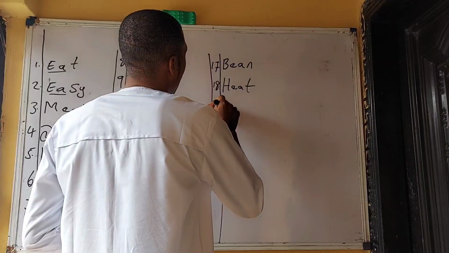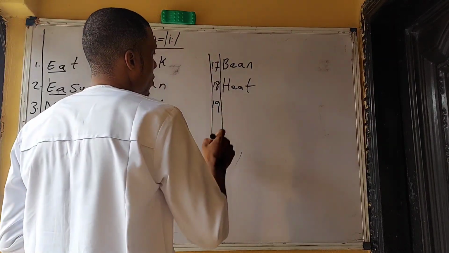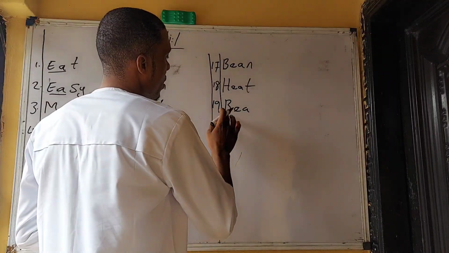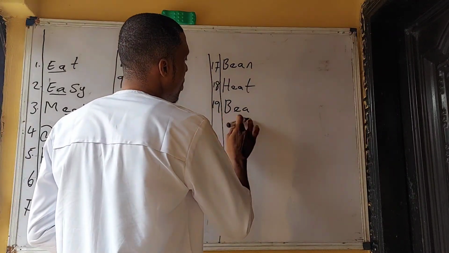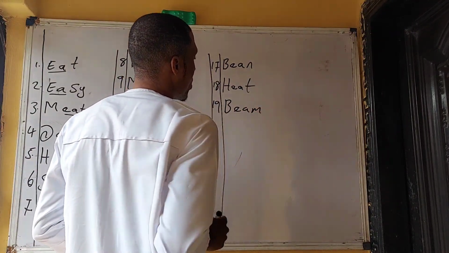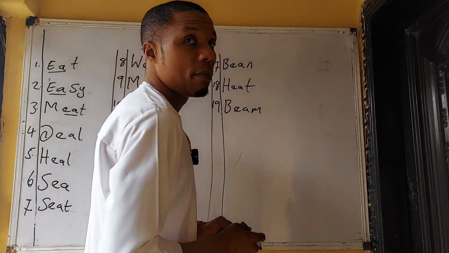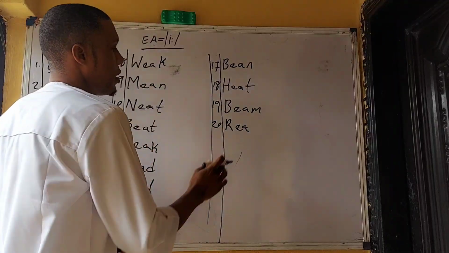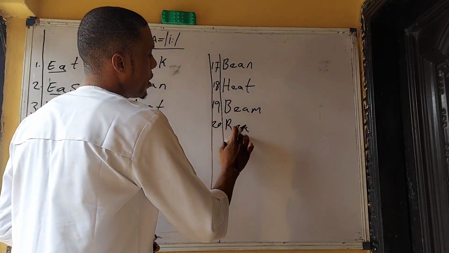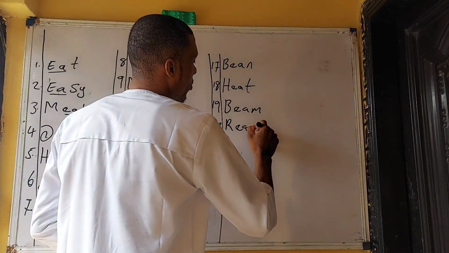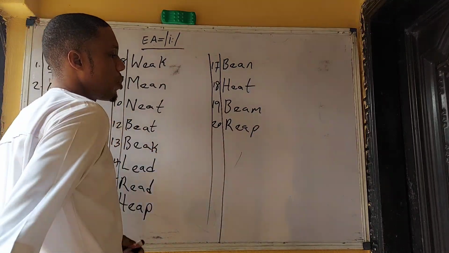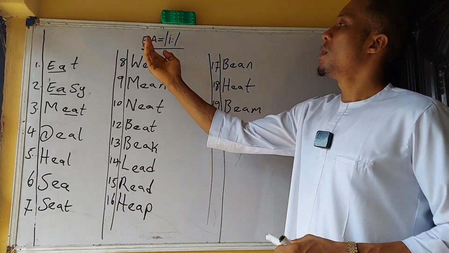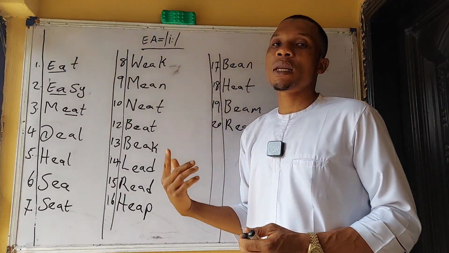Hit. 19, we have B-E-A as B. B-E-A, B. If you add M to it, it becomes beam. 20, R-E-A is Re. R-E-A is Re. If you add P to it, it becomes rip. Rip. So you can see that E-A is taking E sound.